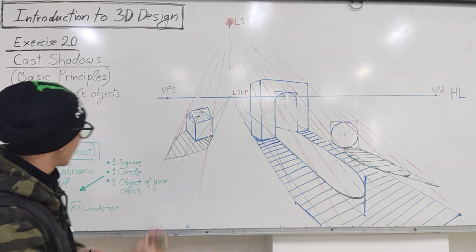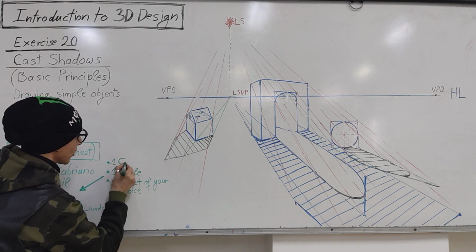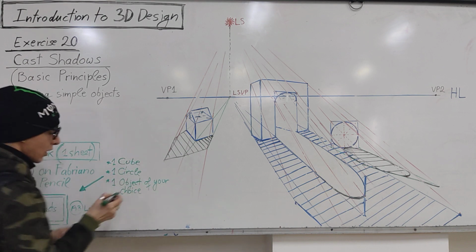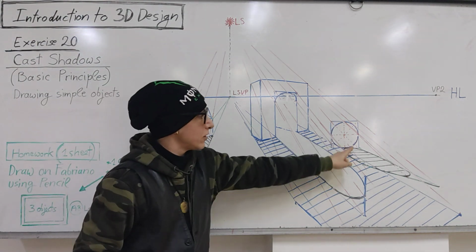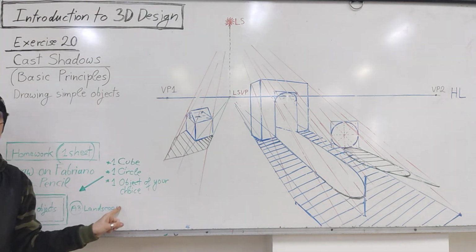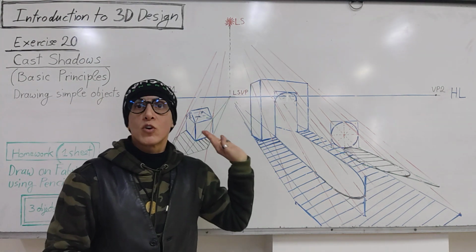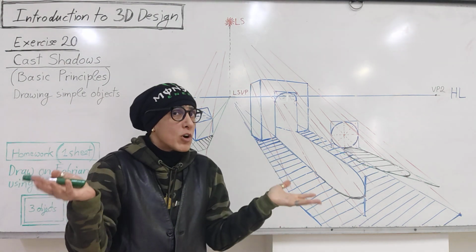Let me write a cube so I don't get confused. One cube, like this cube, one circle, like what I did here, and one object of your choice. Whatever you draw here, the third object is from you.